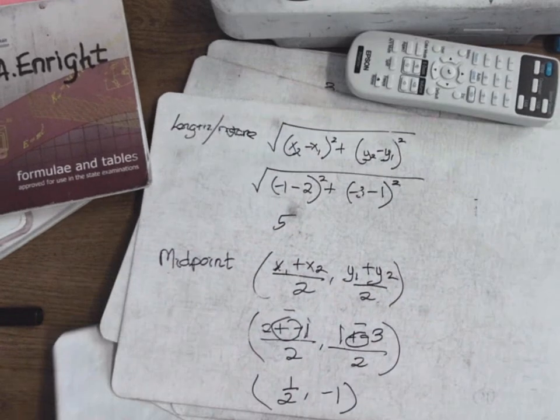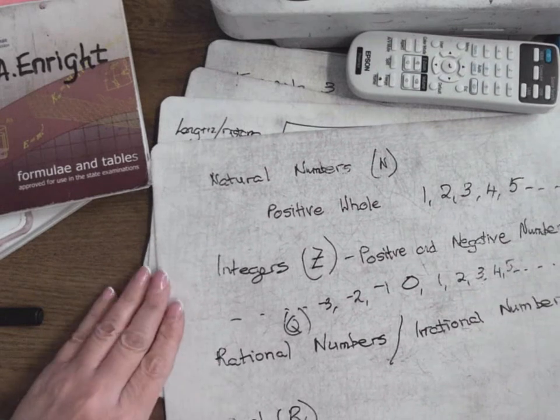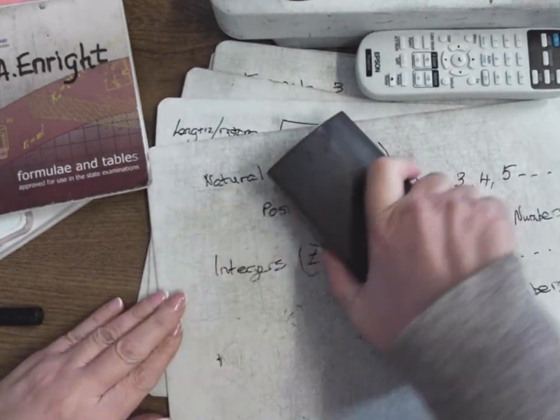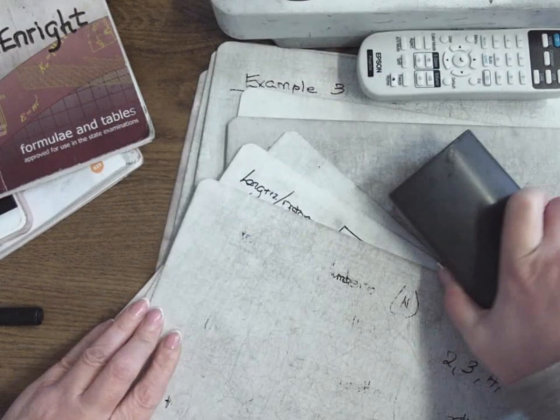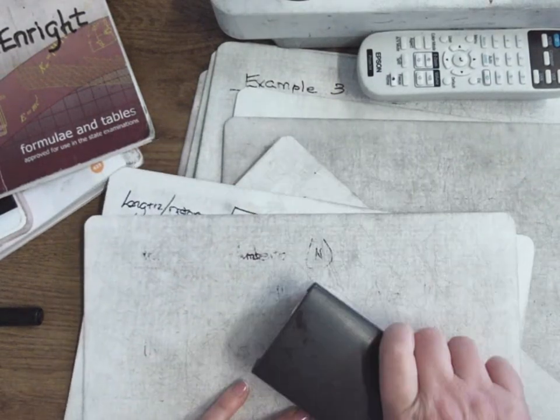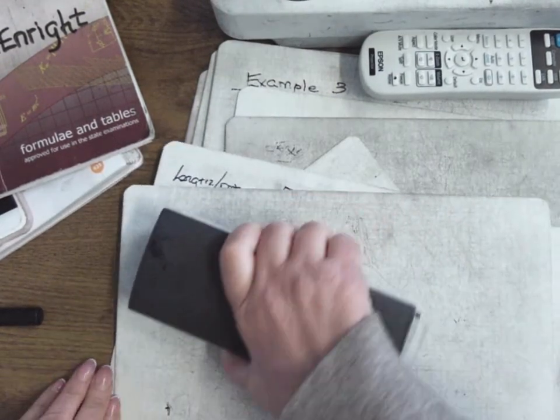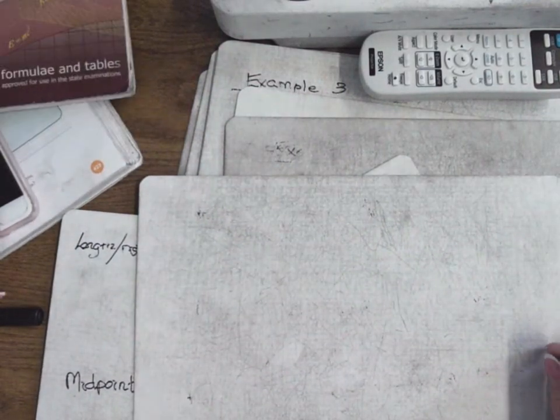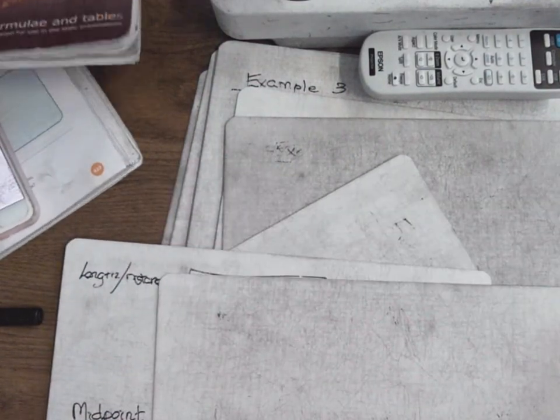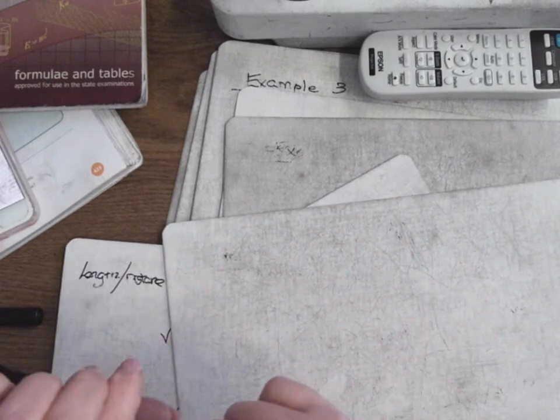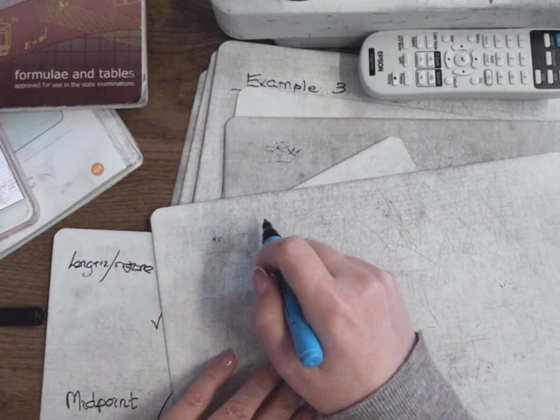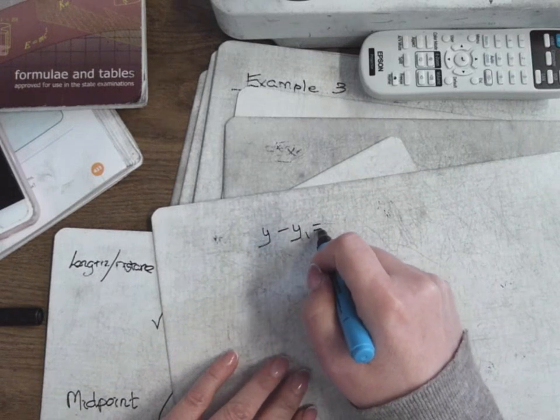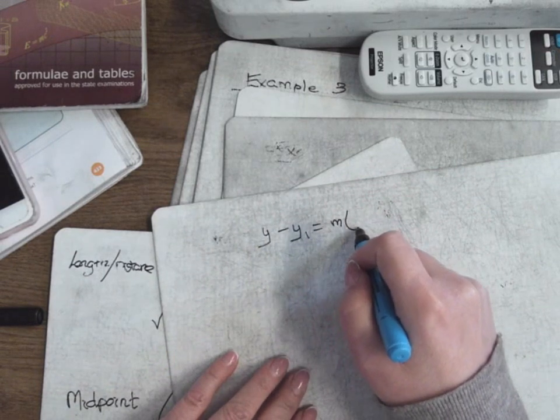Okay, right. And the last one is the equation of a line. So the formula is y minus y1 equals m into x minus x1.